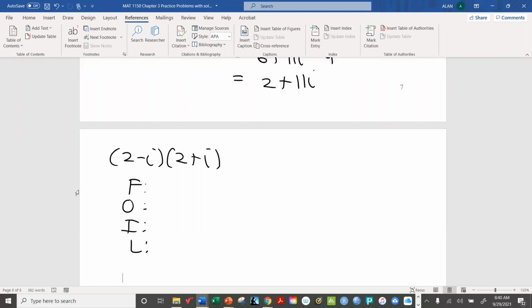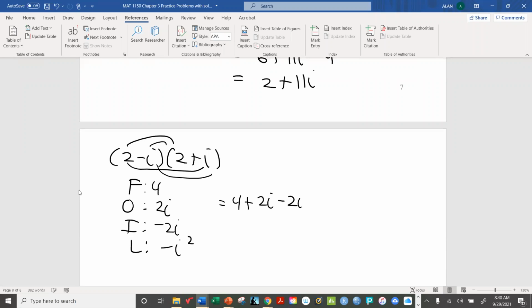Okay, so F is 4, O is 2i, I is negative 2i, and last is negative i squared. These, of course, cancel out.